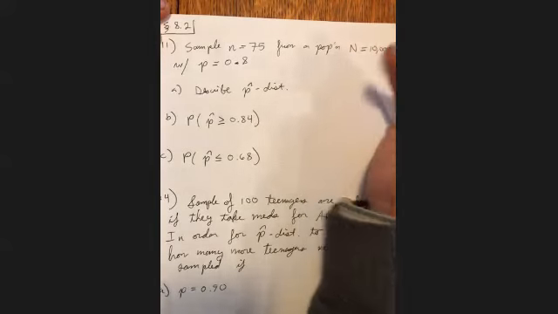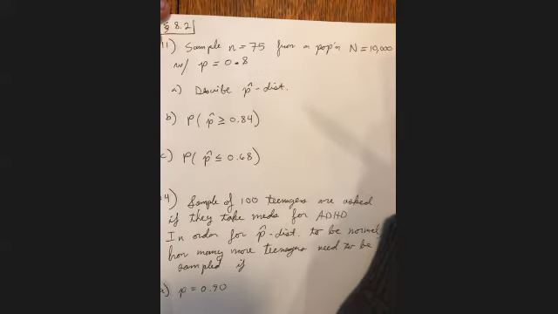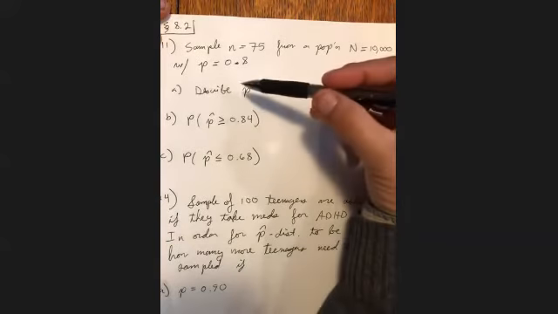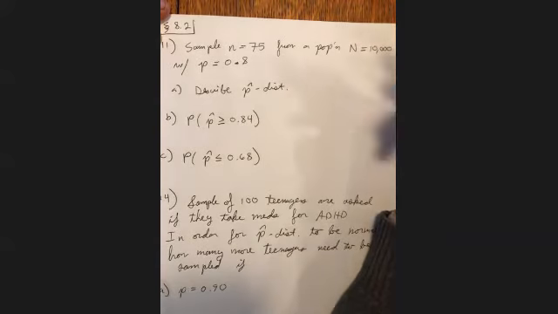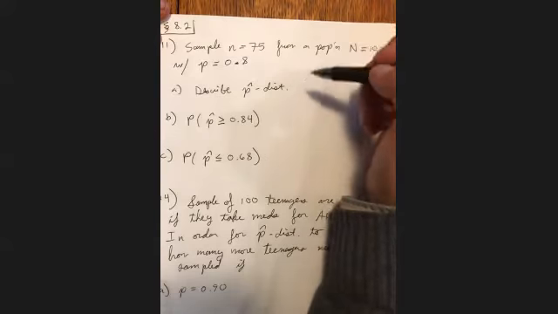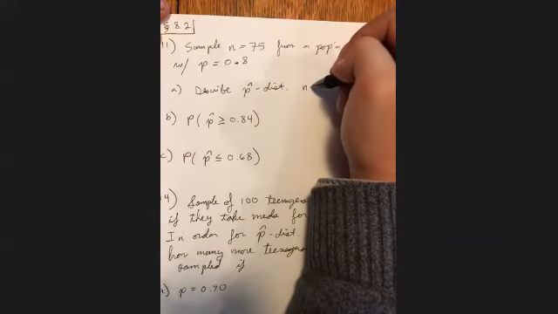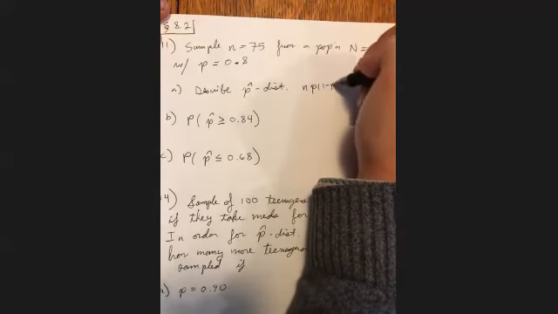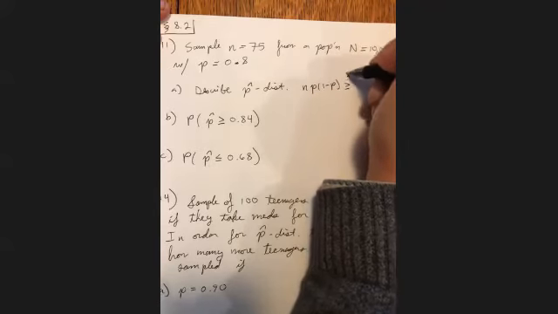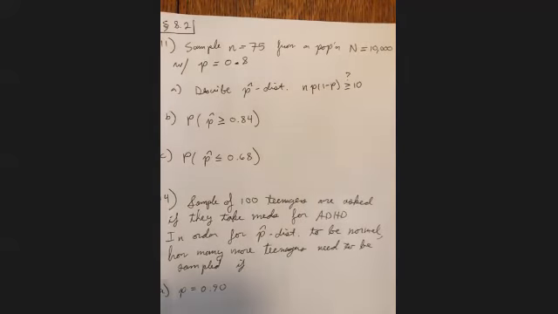So remember how this works. We need to first determine whether or not the p hat estimator is normally distributed. And we do that by looking at n times p times 1 minus p and asking, is it greater than or equal to 10?